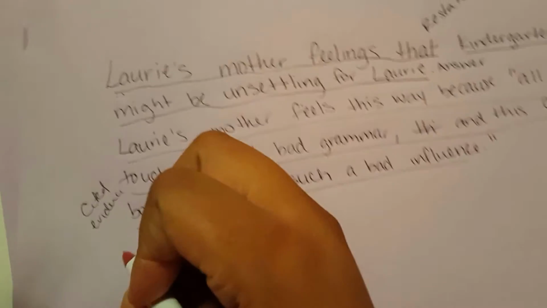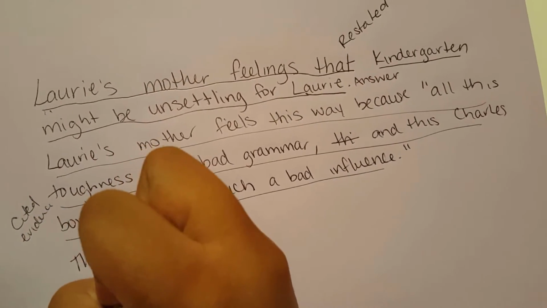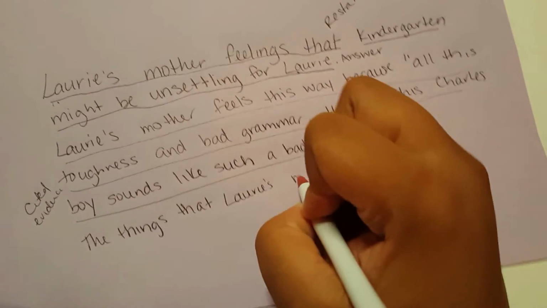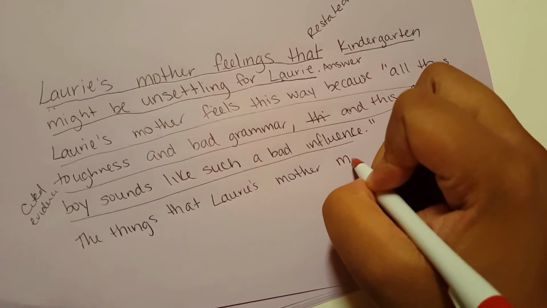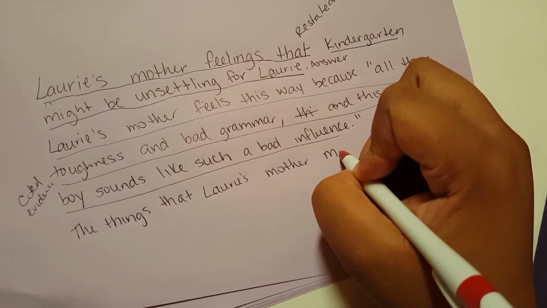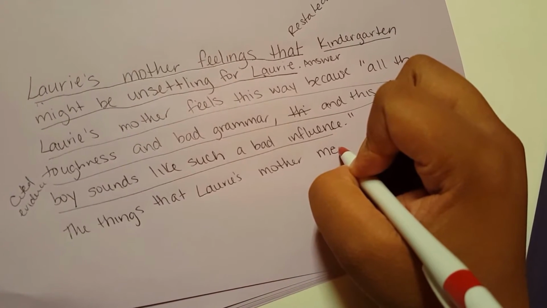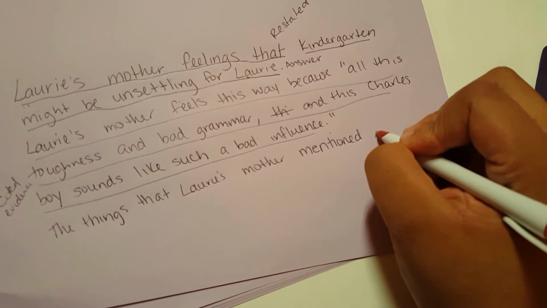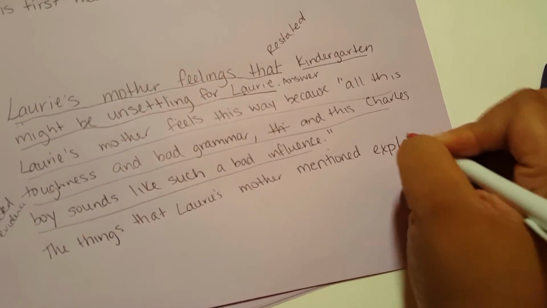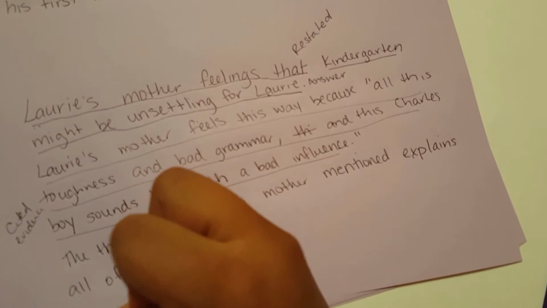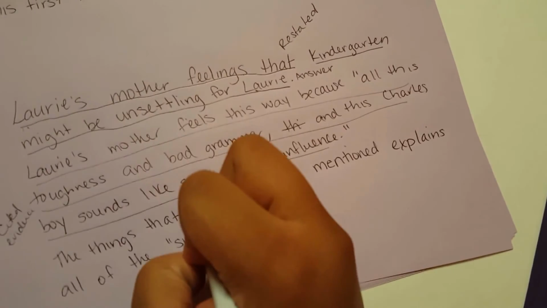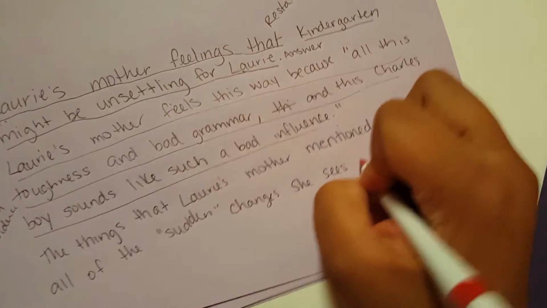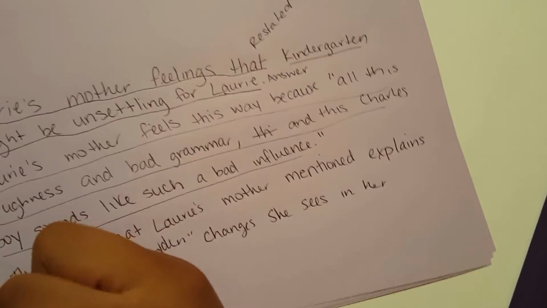So I'm gonna choose something like, the things that Lori's mother mentioned explains all of the sudden changes she sees in her child.